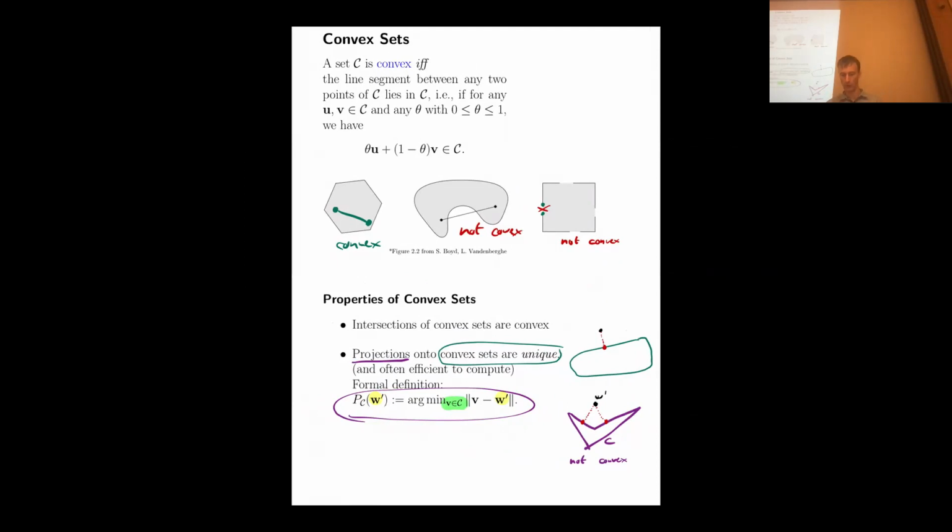It's not the only thing which matters, but it gives you one property. Also, I think you probably heard this before, that if you take intersections of two convex sets, then they're convex. That can sometimes be useful, because sometimes you might have more than one constraint you want to satisfy.